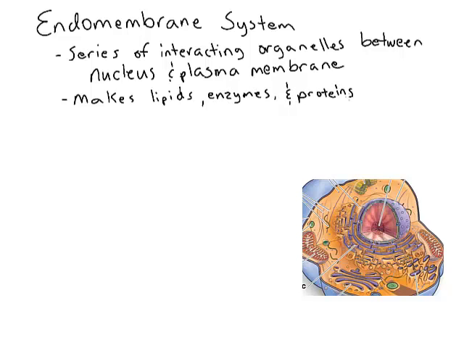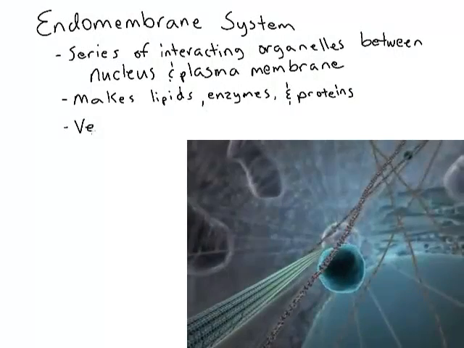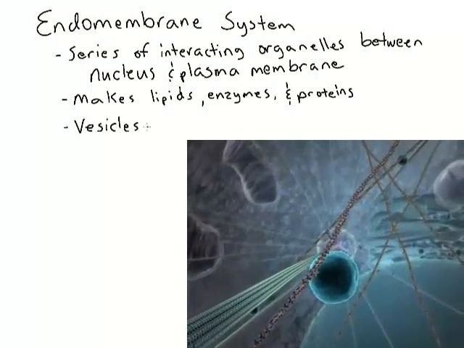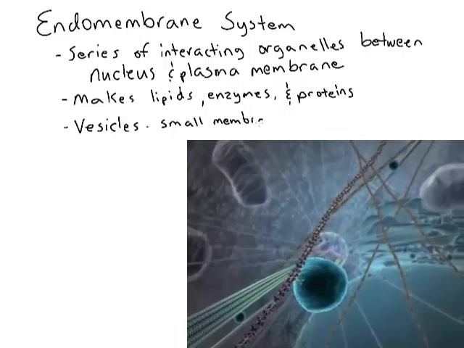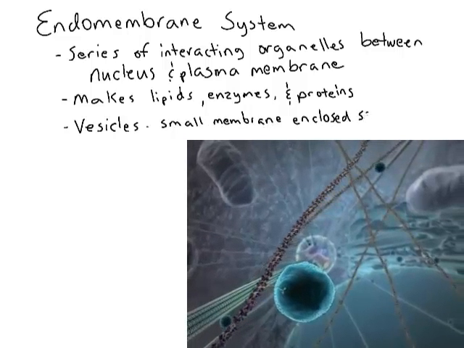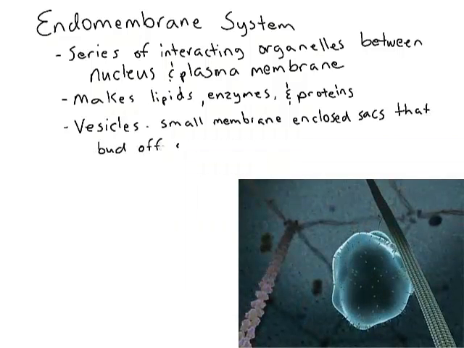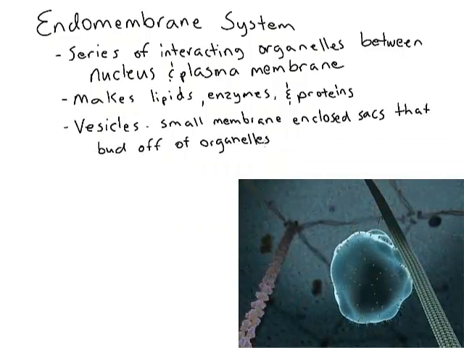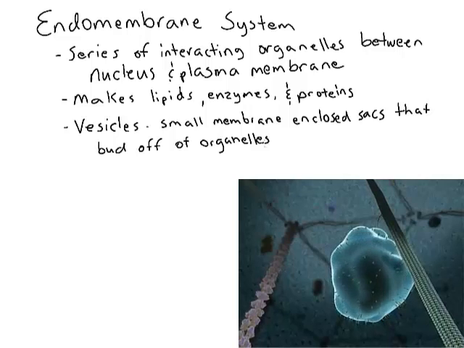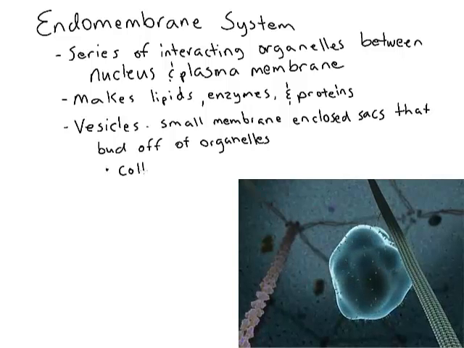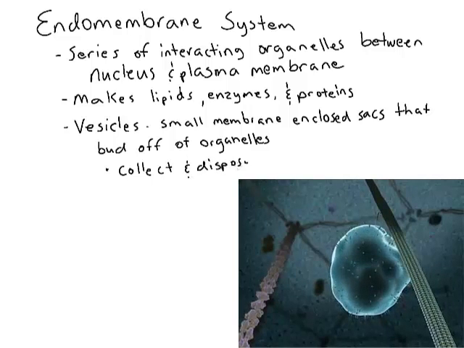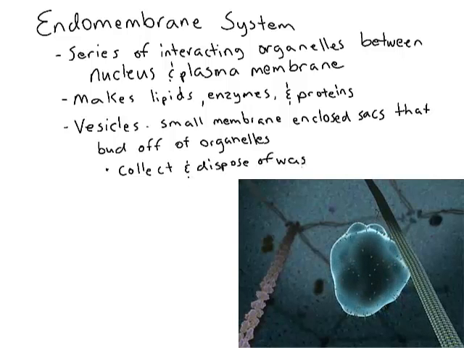There are also a variety of vesicles that have a number of purposes. Vesicles are small, membrane-enclosed sacs that form by budding off of the other organelles or when a patch of plasma membrane sinks into the cytoplasm. Vesicles can collect and dispose of waste, toxins, or debris.